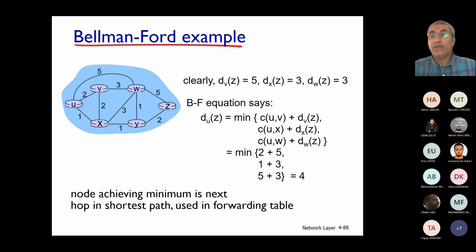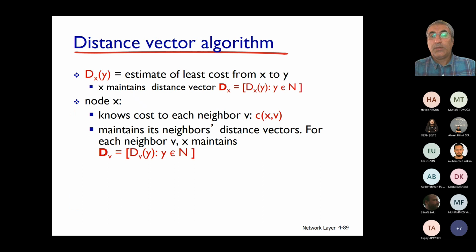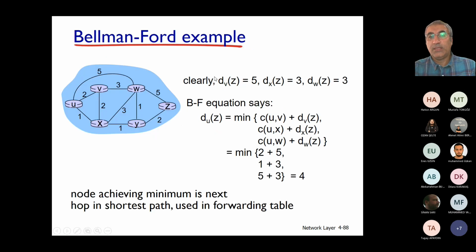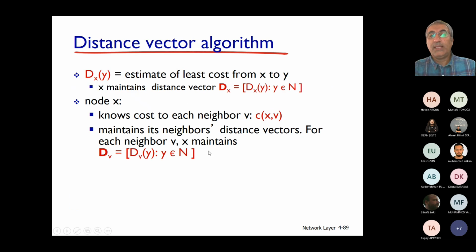In our previous example, our source u knows three values: the cost of u to the neighbor v, the cost of u to the neighbor x, and the cost of u to the neighbor w, which we call c(x,v). And it maintains its neighbors' distance vectors that we just calculated: dv(z), dx(z), dw(z). So it maintains these distance vectors in a table, which we call Dv.